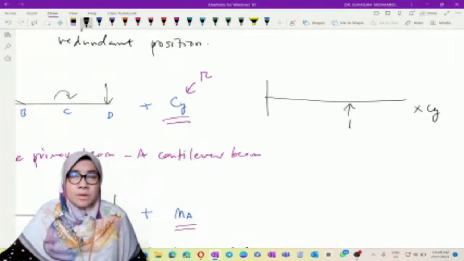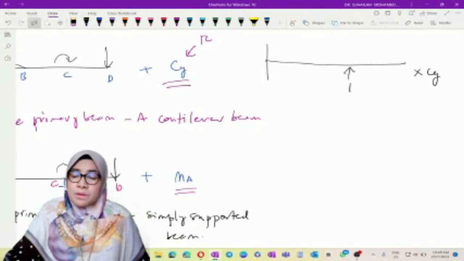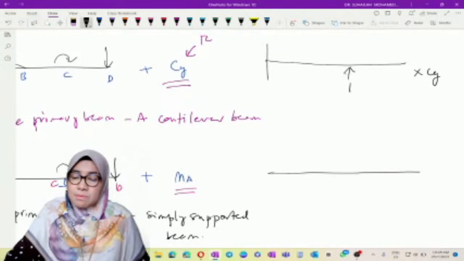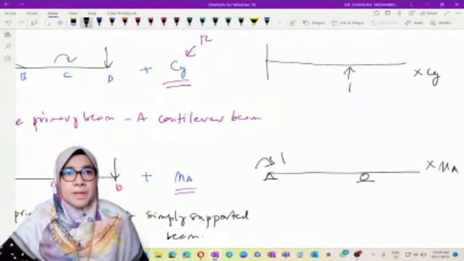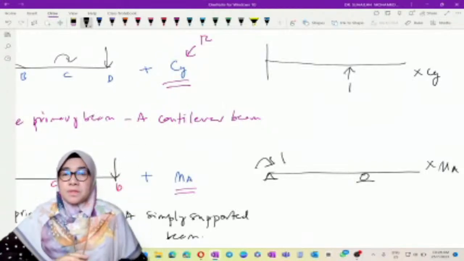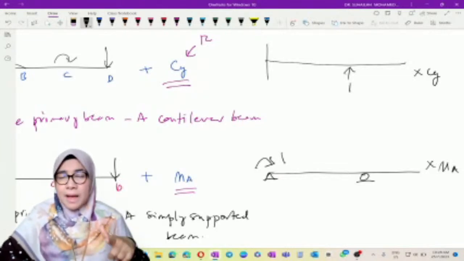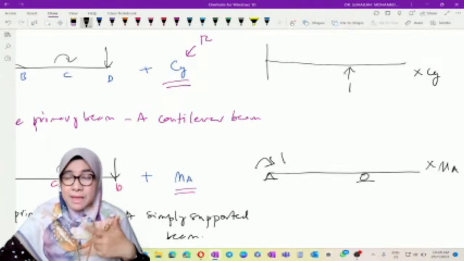So this is how the redundant beam looks. Means that if CY is the redundant chosen, we will solve the primary system and the redundant system, and both are cantilever beams.